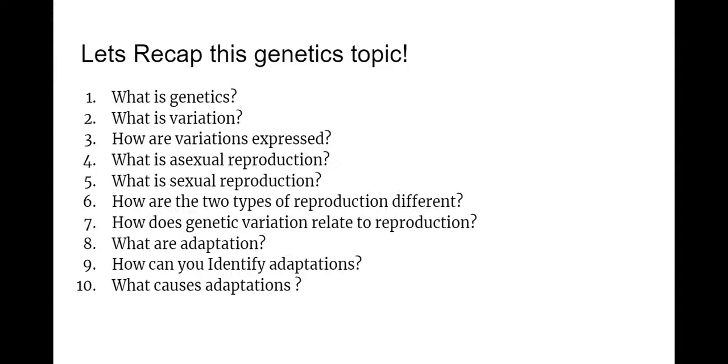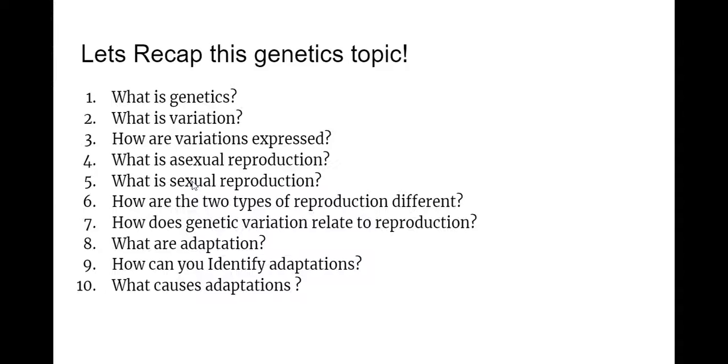So asexual reproduction is the making of new offspring with only one parent, meaning that the offspring is identical. Asexual reproduction gives identical offspring because they only have one parent. A meaning singular, always remember one.